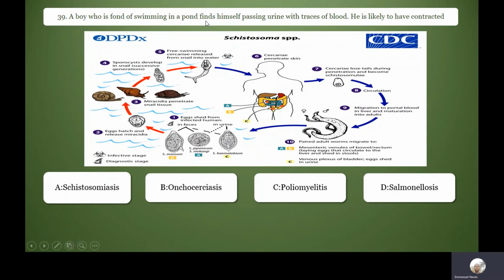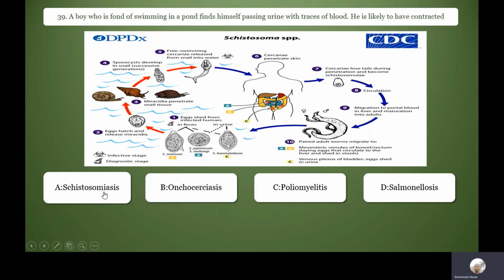A boy who is fond of swimming in a pond finds himself passing urine with traces of blood. He is likely to have contracted schistosomiasis.